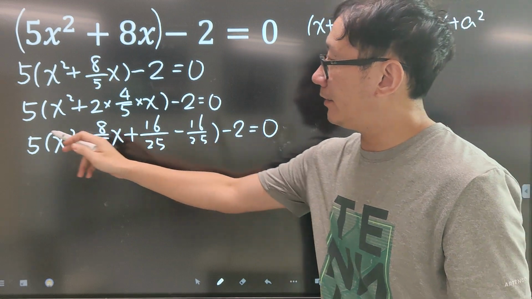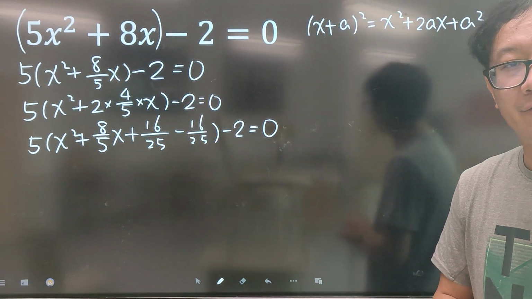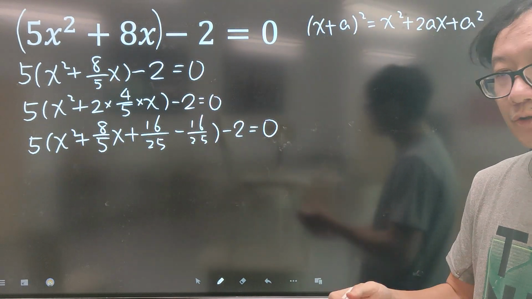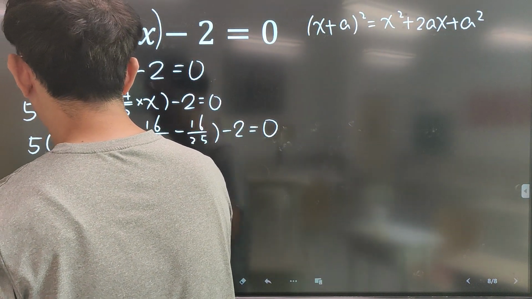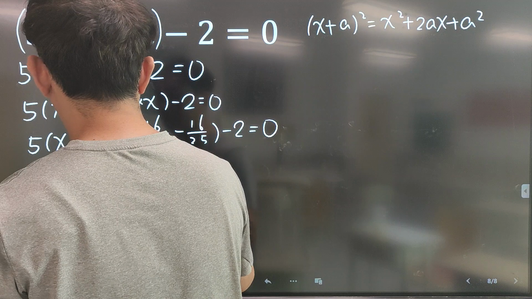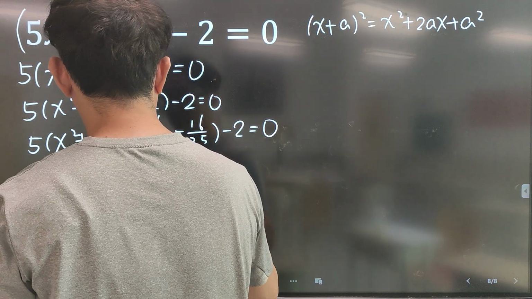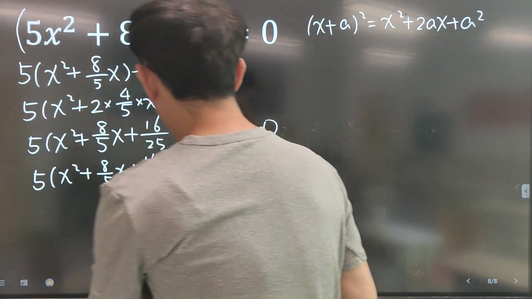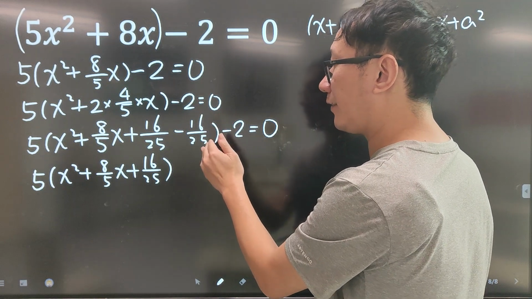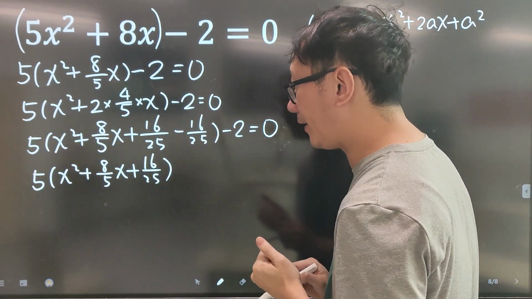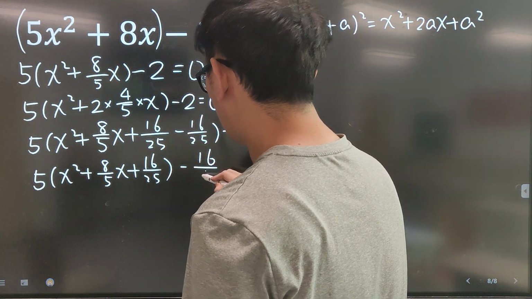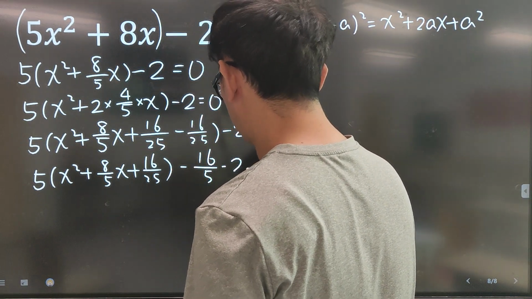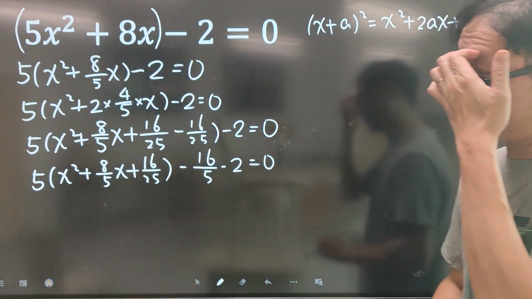Pay attention that there's a multiply by 5 there. Okay, so make sure you do that. So minus 16 over 25 times 5 here becomes minus 16 over 5 minus 2 equals 0.